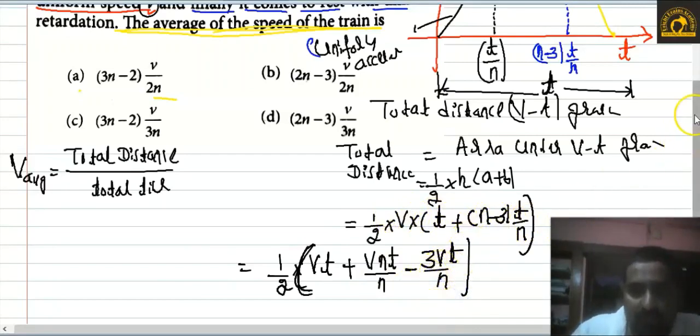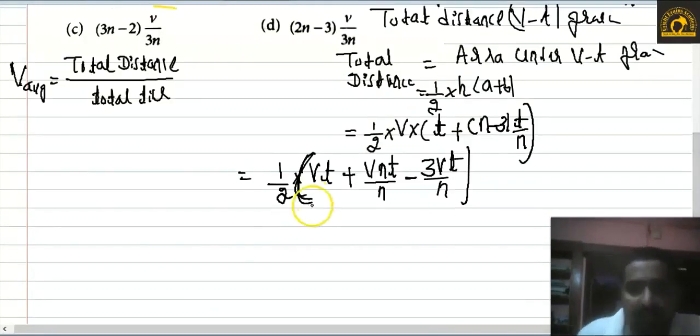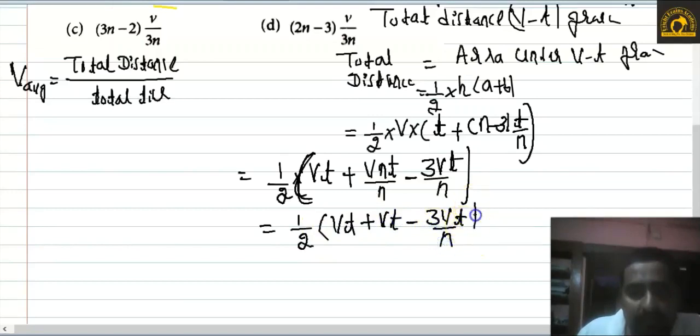After simplifying, we get half into vt, the n cancels, plus vt minus 3vt divided by n. Now put this value in, v average is equal to total distance divided by total time.